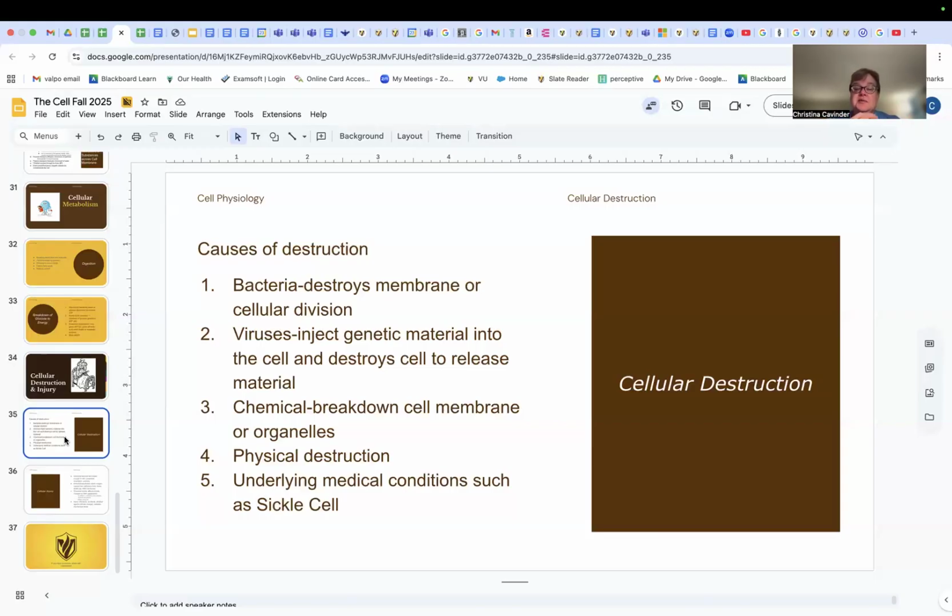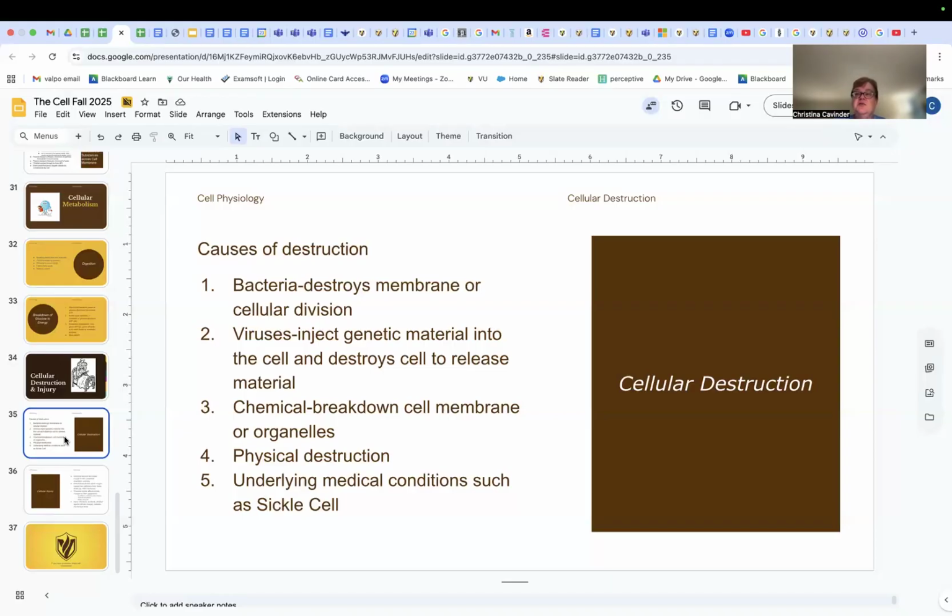Chemicals can break down the cell membrane or destroy the organelles. Physical destruction, injury to tissues will cause cellular destruction. And then underlying medical conditions can affect the cells as well. So if we think of sickle cell, which we'll talk about a little bit later, sickle cell is affecting the shape of the red blood cell.